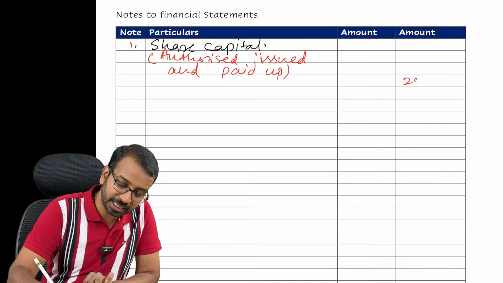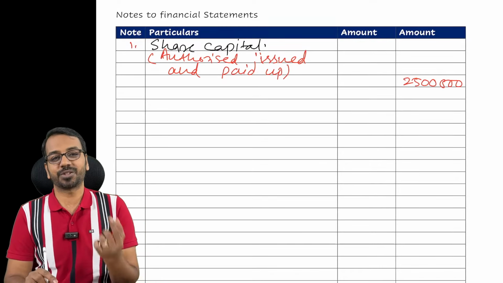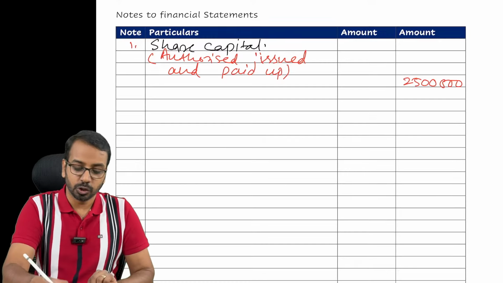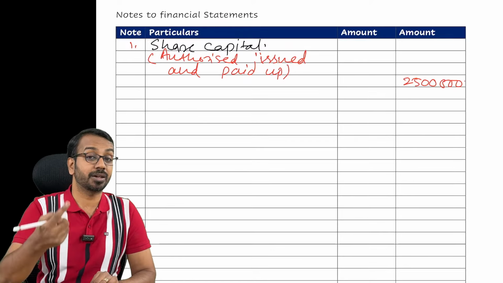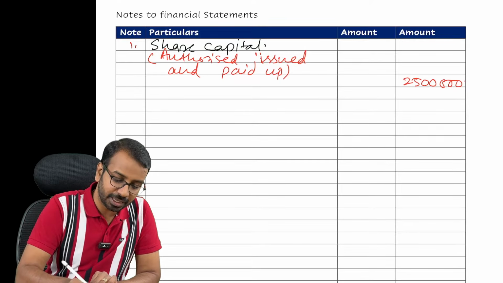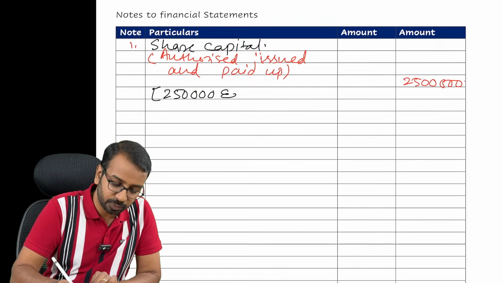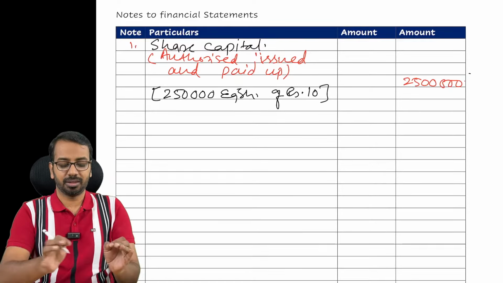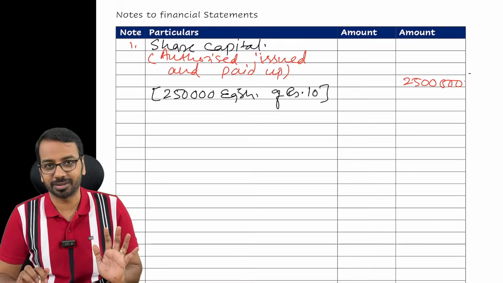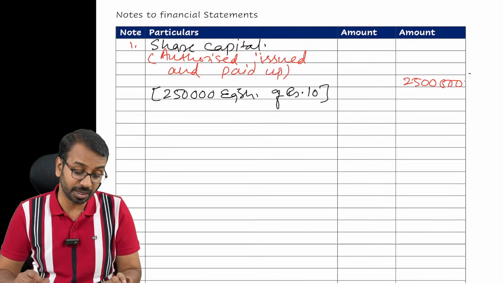Total amount is 25 lakhs. This I know. We also need to disclose number of shares and amount per share. So if amount per share is 10 and I have 25 lakhs of share capital, can I say it is 2,50,000 equity shares of rupees 10 each, 25 lakhs? That's it. This much you write, you'll get half to 1 mark. So share capital is done.